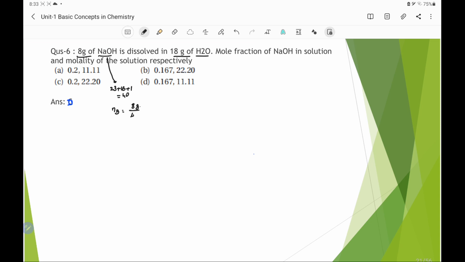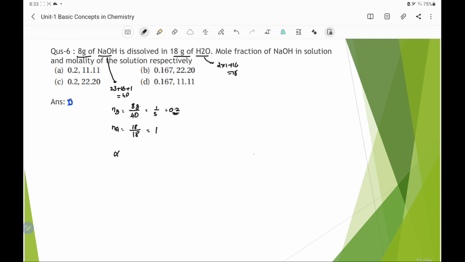So we divide by 40, we get the number of moles, that is 1 by 5, or we can say it is 0.2. These are the number of moles of the solute, and it is dissolved in 18 gram of water. So water is the solvent and number of moles of the water is 18 gram divided by its molecular weight, 2 into 1 plus 16, that is equal to 18, so we get 1 mole of the solvent.